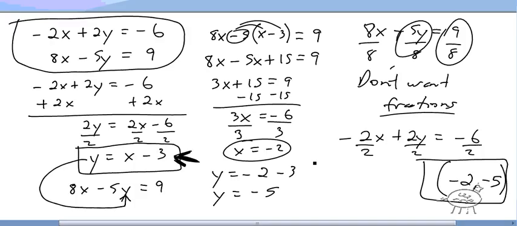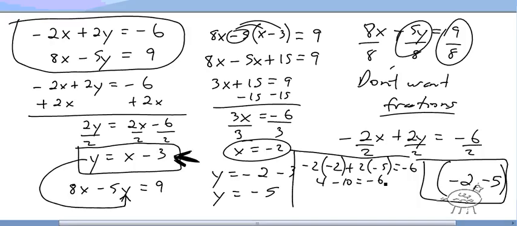So if I plug in negative 2 here, negative 2 times negative 2 plus 2 times negative 5, I want to see if that equals negative 6. It better. If it doesn't equal negative 6, then I made a mistake. So I get 4 minus 10, which is negative 6. So that is true.